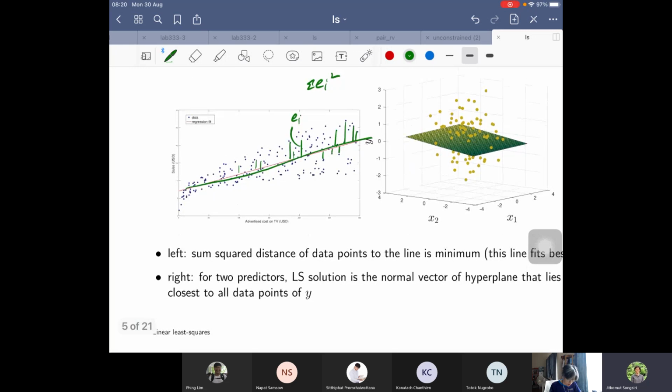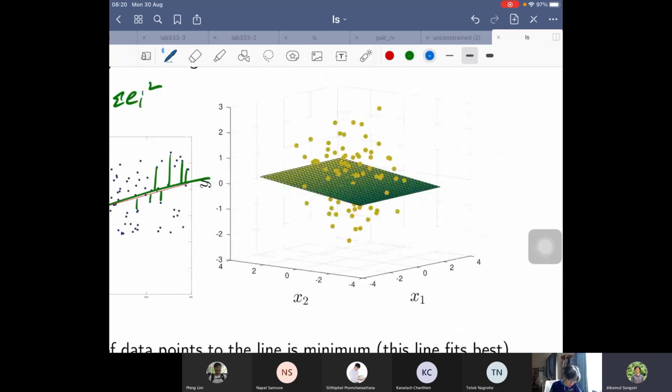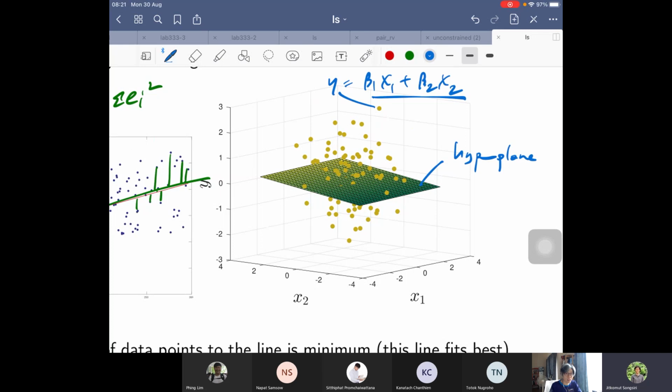On the right hand side, if I add two predictors, say my y is going to be beta 0 plus beta 1 x1 plus beta 2 x2, then you have two predictors. Then the linear model forms a hyperplane, and of course the yellow dots here are my response variables.